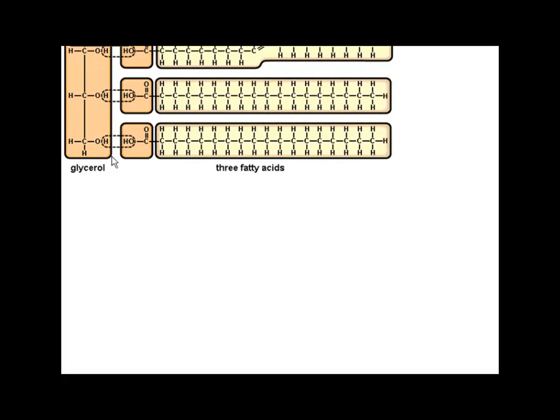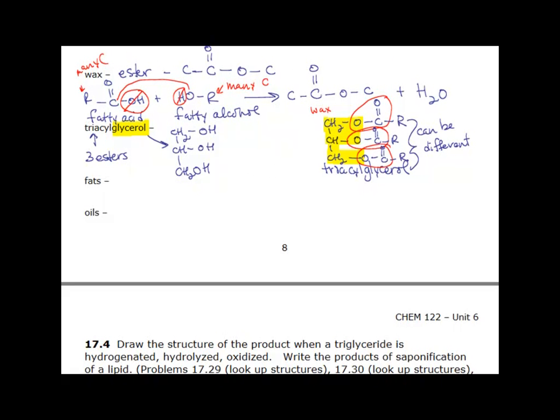Okay, so let's go back to the notes. The functional group in fats and oils is the same functional group. It's a triacylglycerol. So both fats and oils contain triacylglycerols. Now, what can you tell me about a fat?